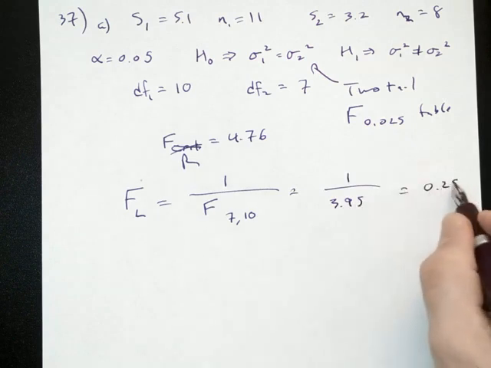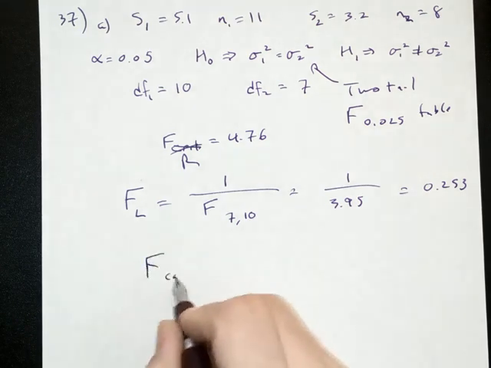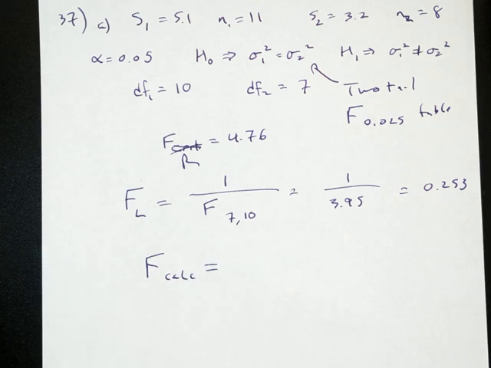So those are my critical values. Am I between? Or am I too small? Am I too big? I haven't calculated my test statistic. What's my F? My calculated F. S1 over S2 squared.